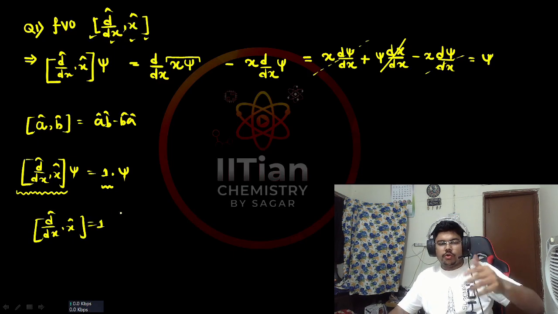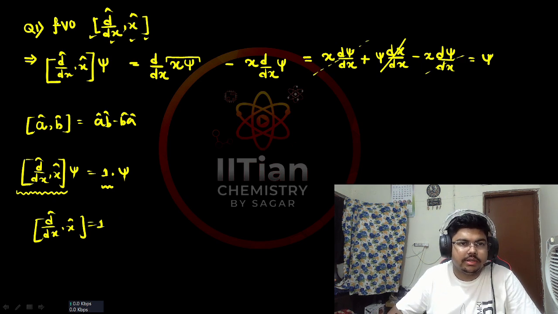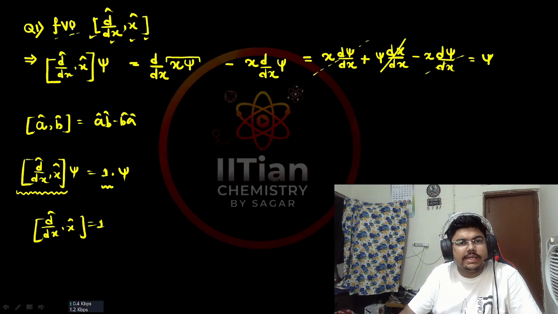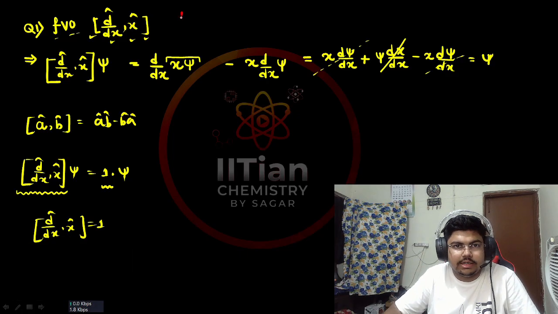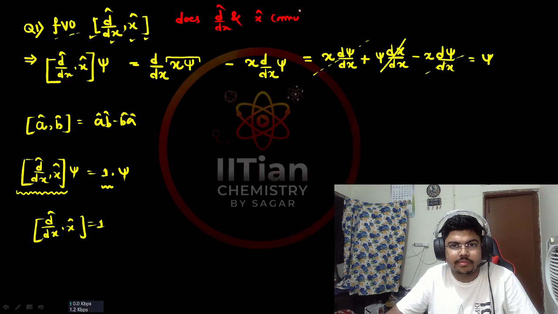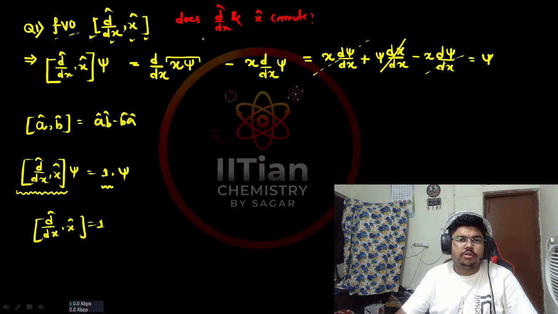If a cross question arises, that the question I have given is like find the value of, the another question can be framed like this. Does d/dx and x commute? So then we will write it like this.